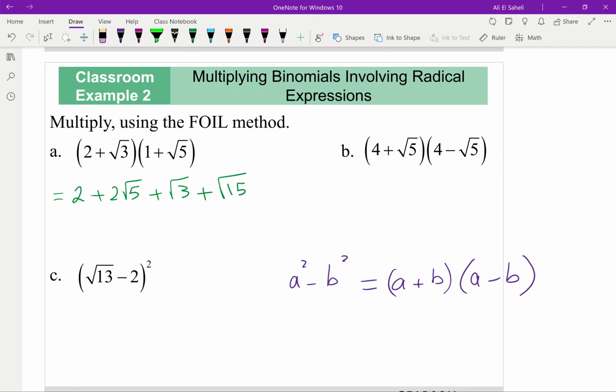Okay, remember the plus and the minus have nothing to do with A and B. A is 4 and B is radical 5, regardless of the plus or the minus. So A squared is 4 squared minus B squared, so radical 5 squared. So this is 16 minus 5, which is 11.